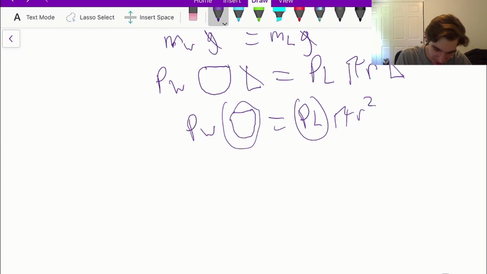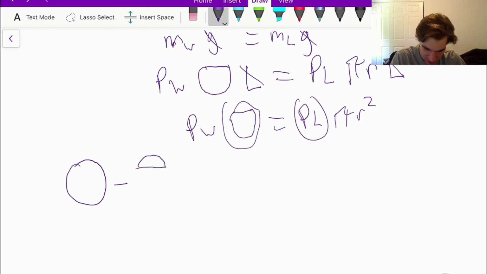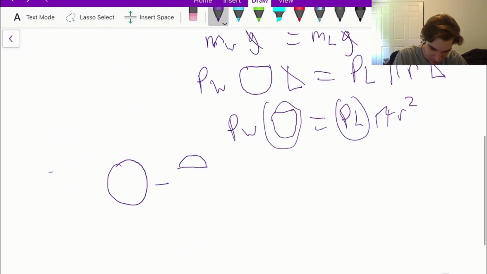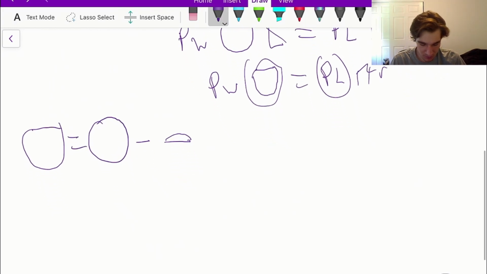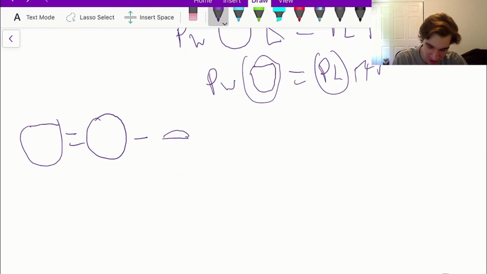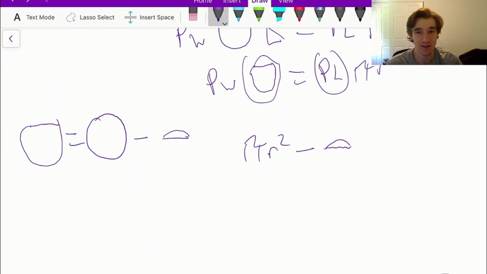So basically we know that it is going to be equal to this minus the top portion, which is drawn like this. I'll move this down a little bit, make it a little bit easier. Alright, we know that the big circle is pi r squared minus this weird little shape right there.